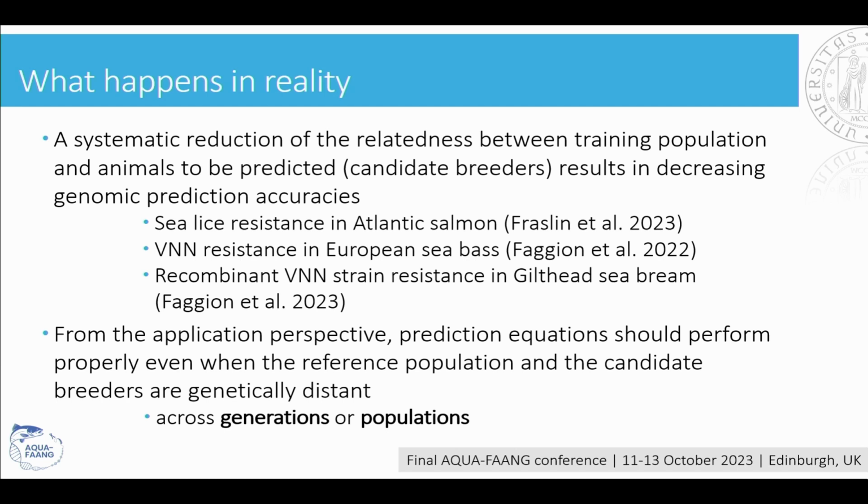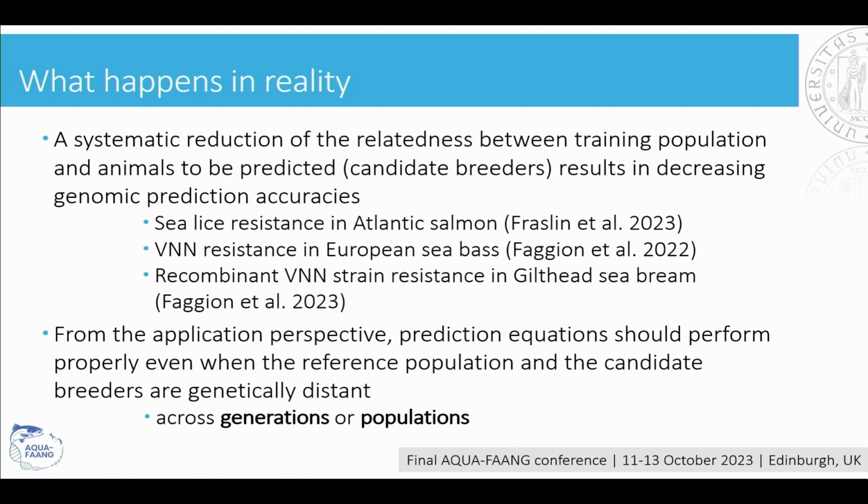These are just some examples in the literature: sea lice resistance in Atlantic salmon, and VNN resistance in sea bass and gilthead sea bream. When the relatedness is low, we also have low prediction accuracy.